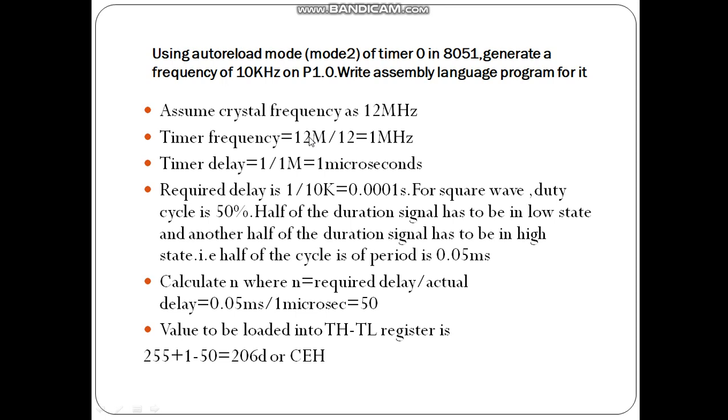So the timer frequency is the oscillator frequency divided by 12. In this case it is 12 megahertz divided by 12, which comes up to 1 megahertz. Then we need to calculate the delay.